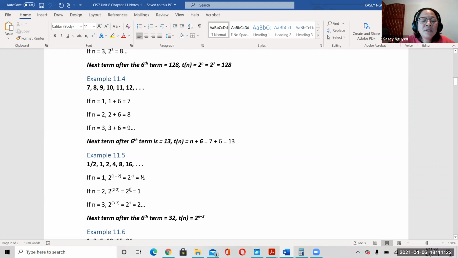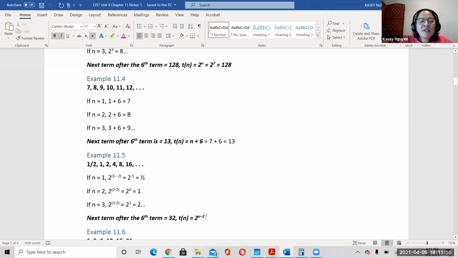So 2 to the 0 gives us 1. If n is equal to 3, we would take 2, raise it to the 3 minus 2, which is 2 to the first, which gives us 2. So we can conclude that T of n is equal to 2 raised to the n minus 2, because you can see the pattern happening, right? The relationship of that to the nth value.